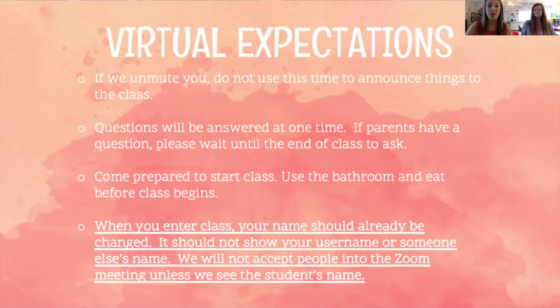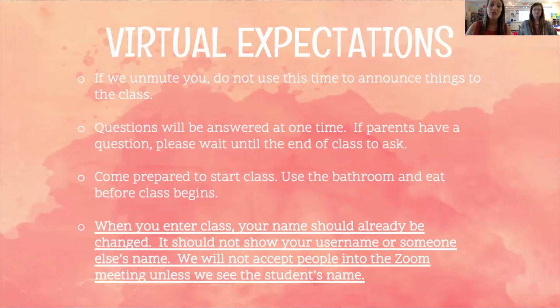When you enter the Zoom class, your name should already be changed. It should not show your username or someone else's name. We are not going to accept people into our Zoom meeting unless we see the student's name. This is a safety issue. You have to show your name, and there is a way to change it permanently.